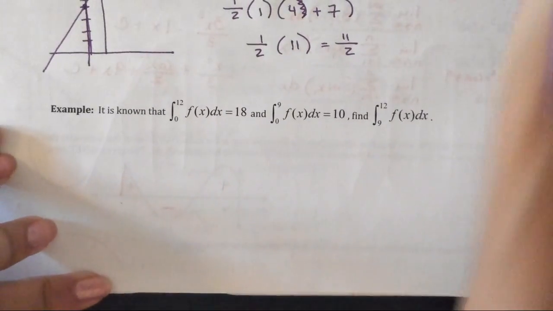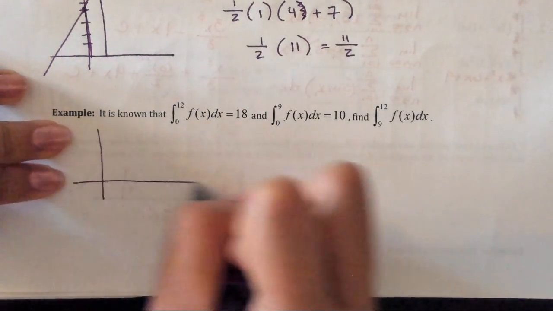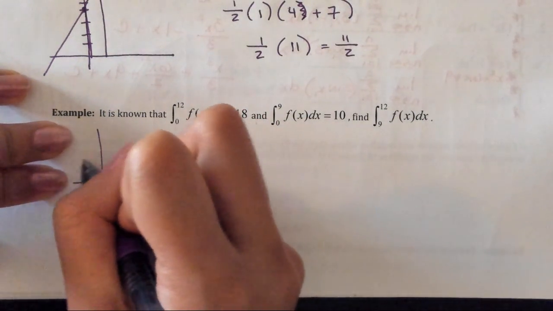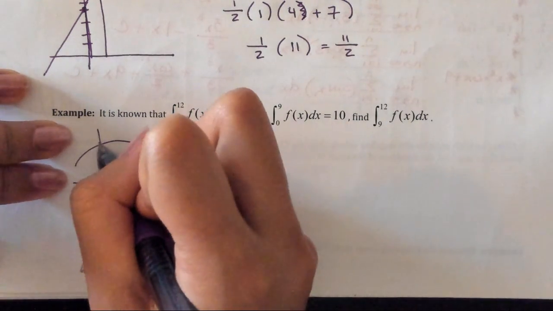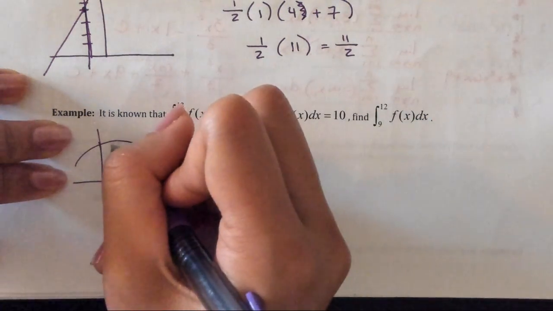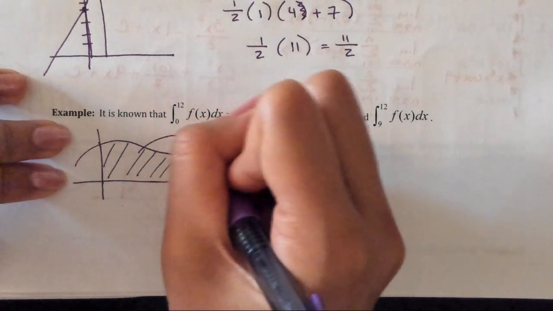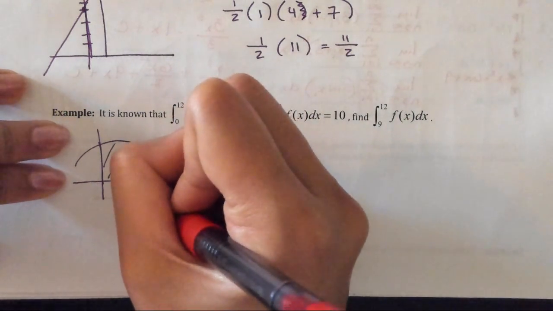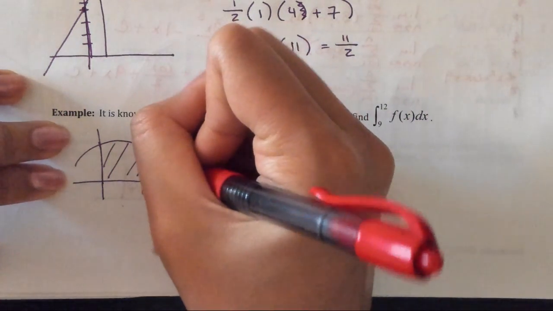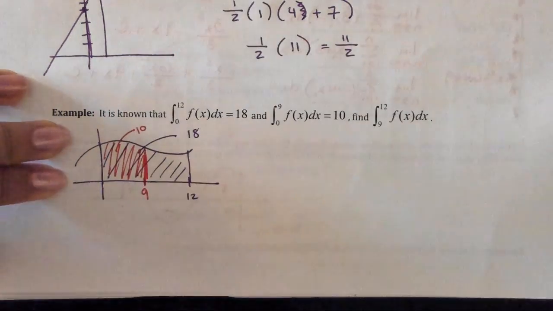And if you know that the area from 0 to 12 is 18, so if we drew a graph of f of x from 0 to 12, we knew that this whole area was 18. And we know that the area from 0 to 9 is 10.